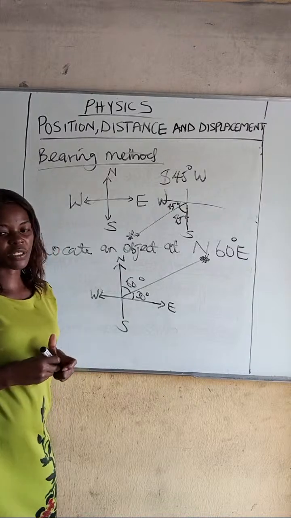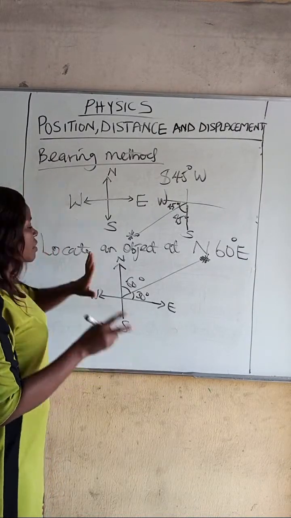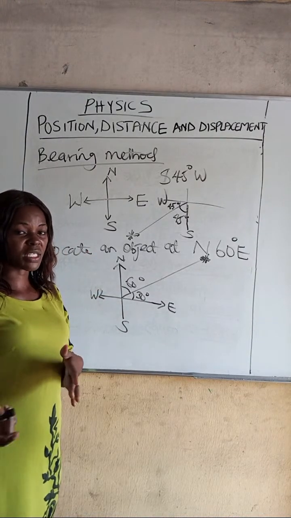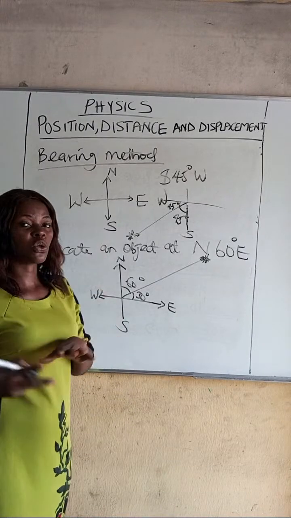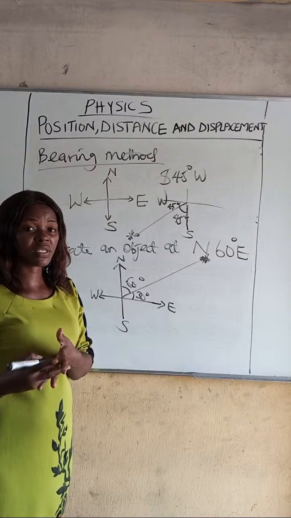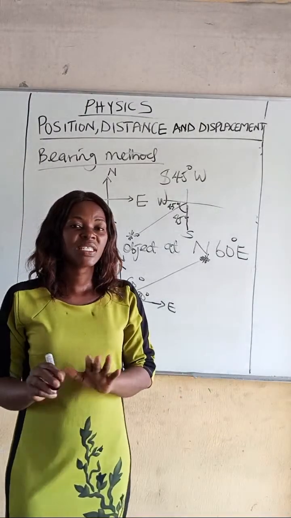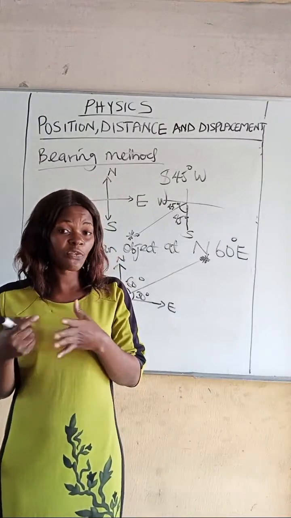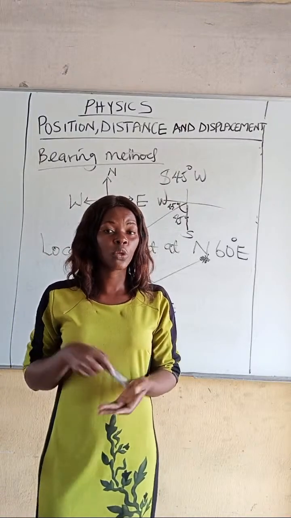So I have explained how we can use the ordinary method, which is the XY coordinate, to get the position of an object when specified. The bearing method also gets the position of an object using angle. I hope you understand the two methods now. This is how we can get the position of an object. Don't forget that this position is where an object can be found or located.